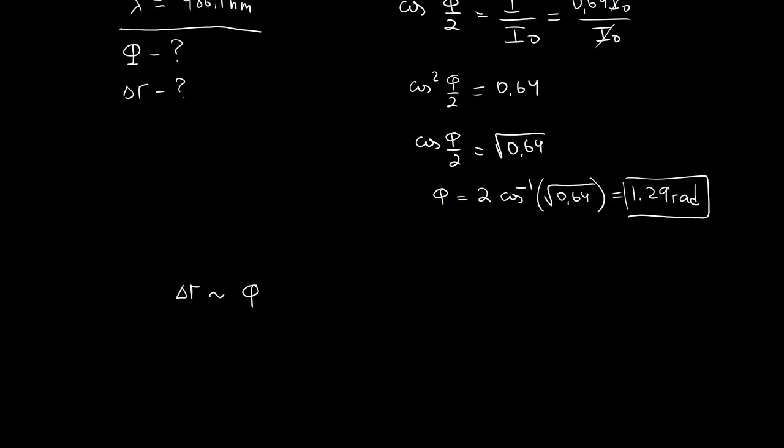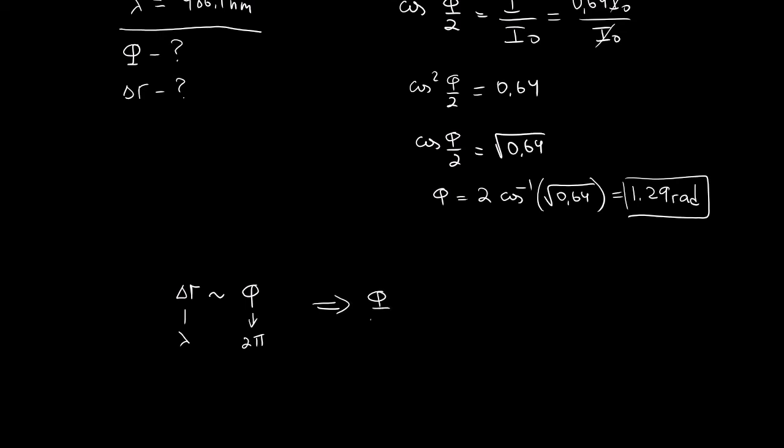Okay, so let's try to analyze this. Delta R, the path difference, is directly proportional to the phase. So if the phase difference is 2 pi, then the path difference is lambda. I can make a ratio from here.